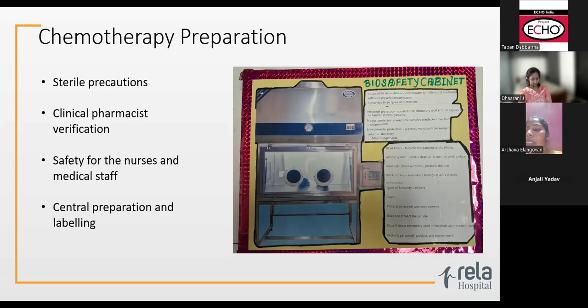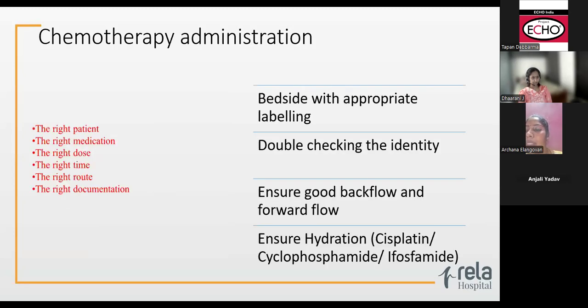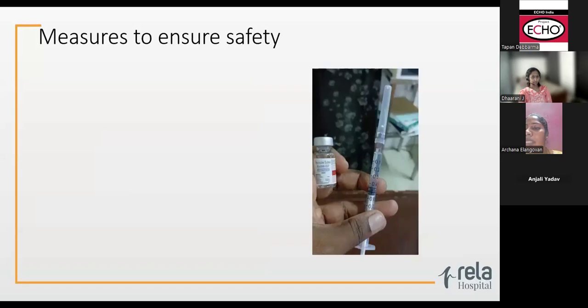How many ml? Especially with vincristine, we have to measure the 0 points. Then documentation and communication. Whenever giving vincristine or vinblastine, make sure the dose is correct, that's 0.1 or 0.2. Then communication. Chemotherapy administration verification is very very important.